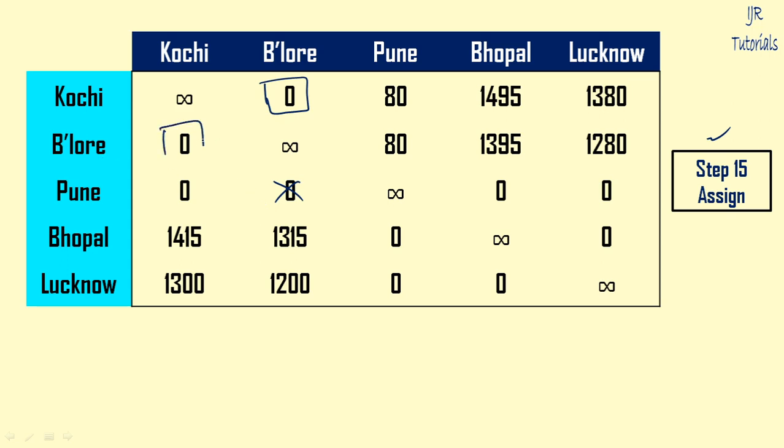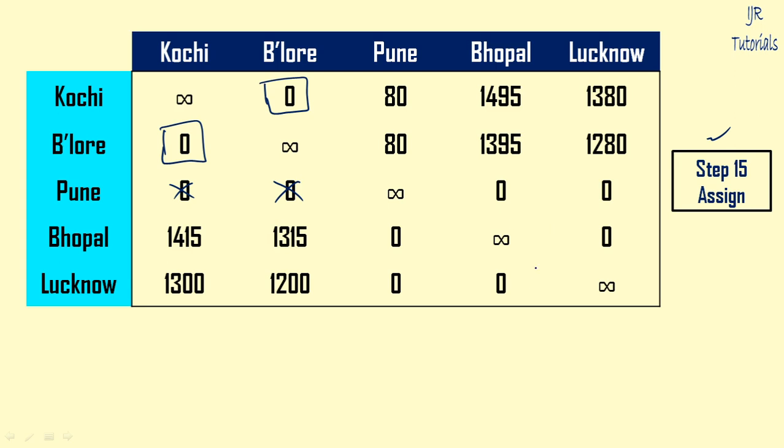Bangalore, yes, there is one zero, we can strike out the remaining zero. Pune has two zeros, Bhopal two zeros, Lucknow two zeros. So it is not possible directly. Looking at the rows again, there are two zeros, two zeros.